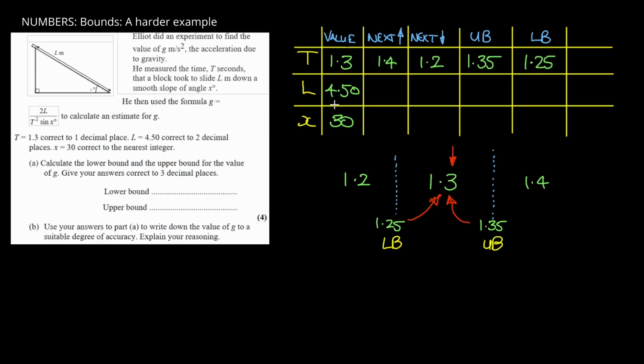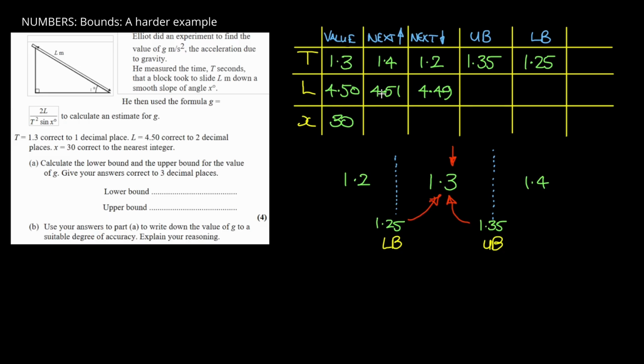Our variable L is quoted as 4.50, correct to 2 decimal places. So both these numbers are quotable. So what would be the next one up? Well, the next one up will be 4.51. And the next one down, 4.49.